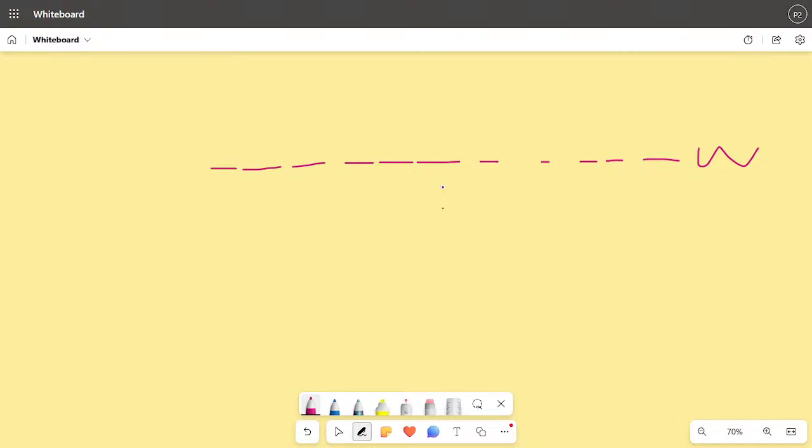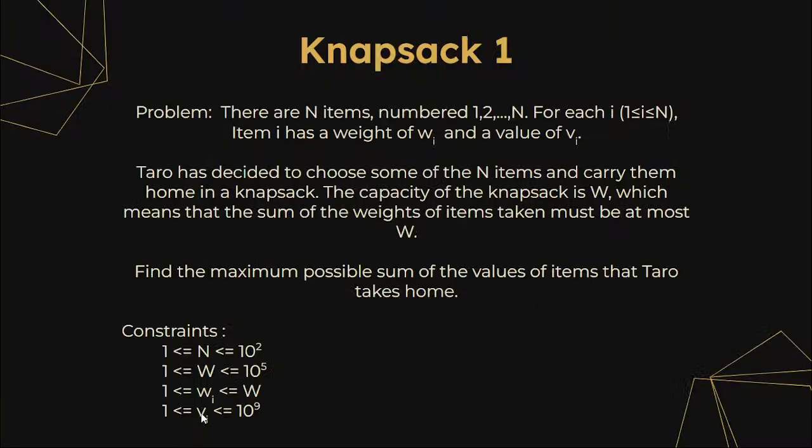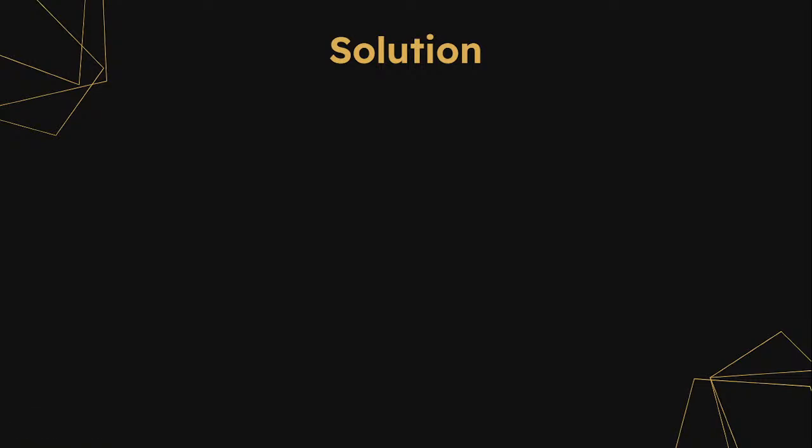Suppose I have some weight w with some value v. With this new item of weight wi, I can make weight w plus wi with value v plus vi, and over there I can put the maximum of these two values. At the end we check the maximum we ever gained, and that will be our answer. So it's very straightforward knapsack, and that's the solution.